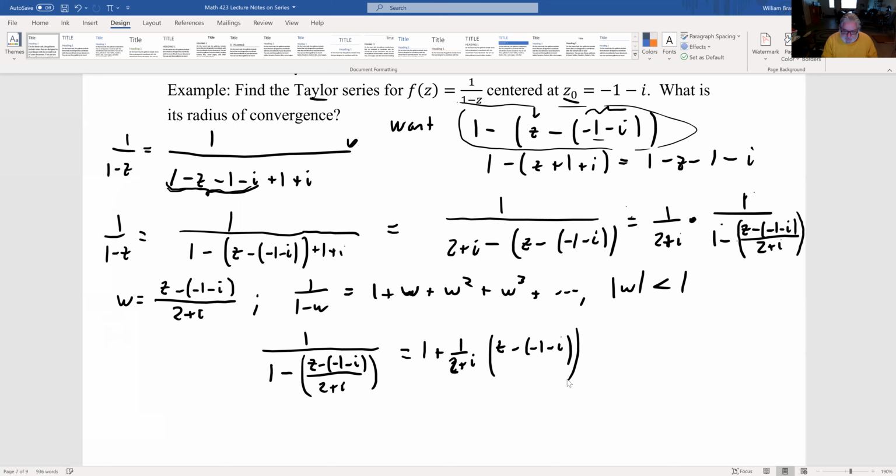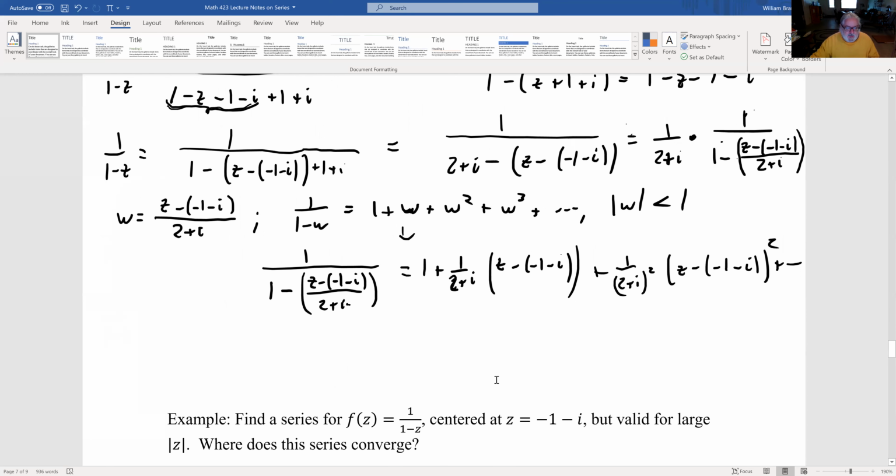So many parentheses. Plus, and now w squared will be 1 over 2 plus i squared, right? And then z minus the center, quantity squared, plus more terms. That's just expanding this part.